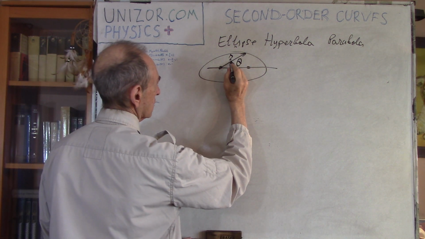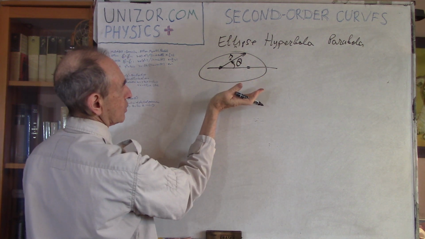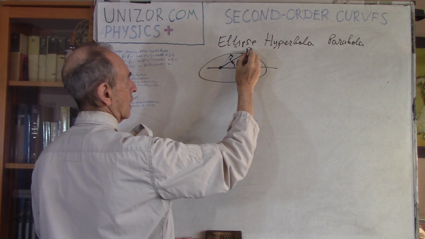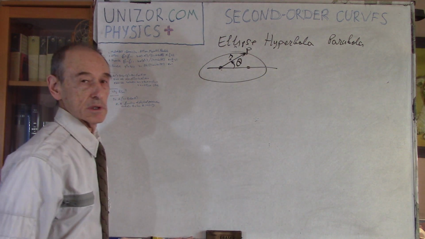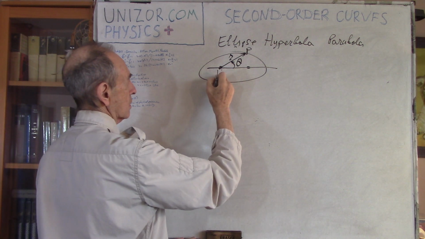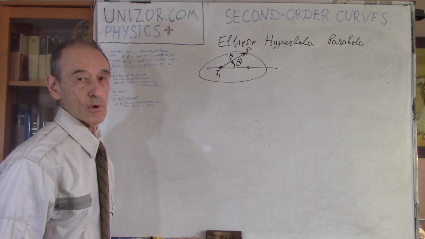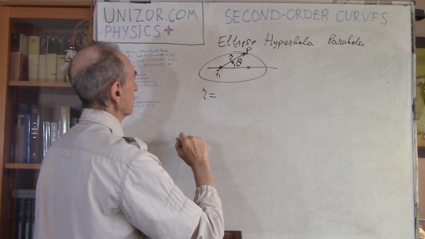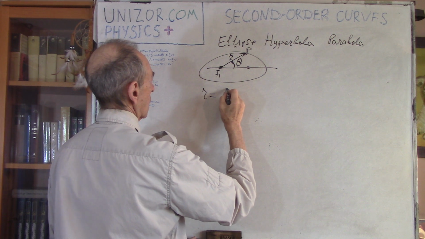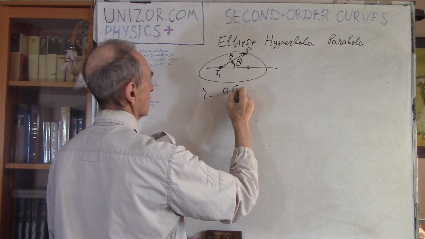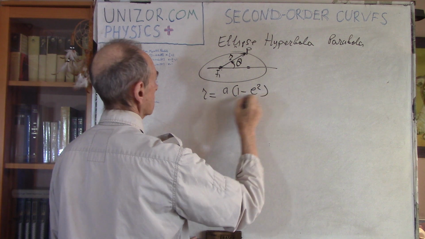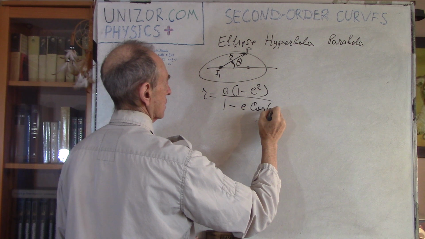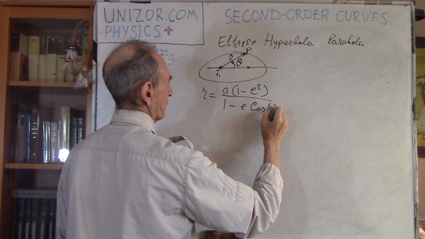So this is the angle by which we have to turn from the base axis to the direction to the point P. And r would be the distance from the origin. So in this case, the origin is focus F1. Well, then r is equal to a times 1 minus e squared divided by 1 minus e cosine of theta.